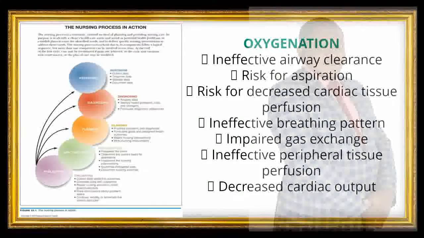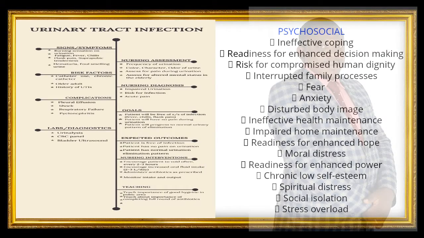You can also have impaired gas exchange, ineffective peripheral tissue perfusion, or decreased cardiac output. These are some of the problems that may come under oxygenation, forming the root of your nursing diagnosis. So in the RN's HOPE, we have dealt with E, H, and O.